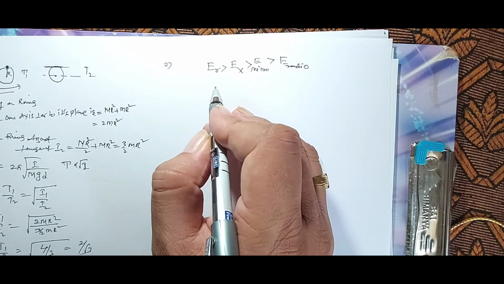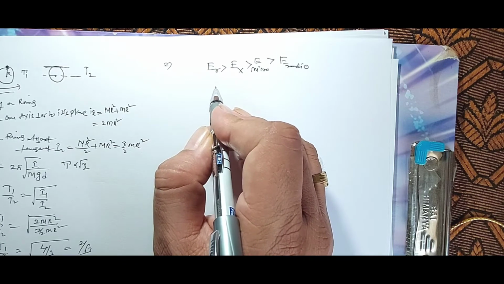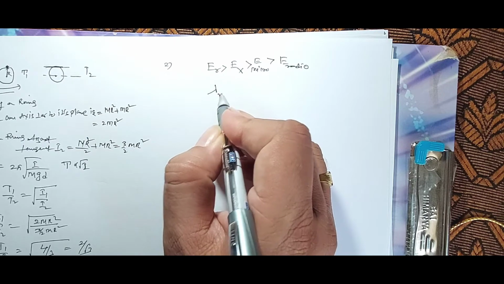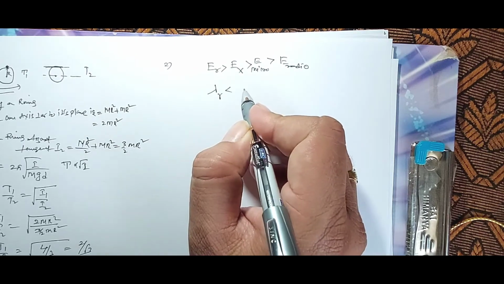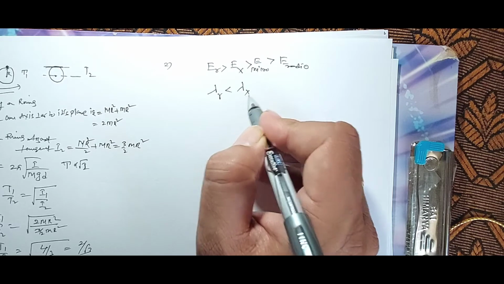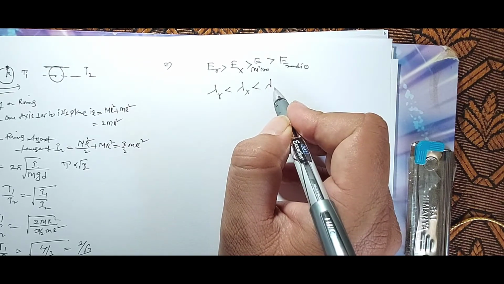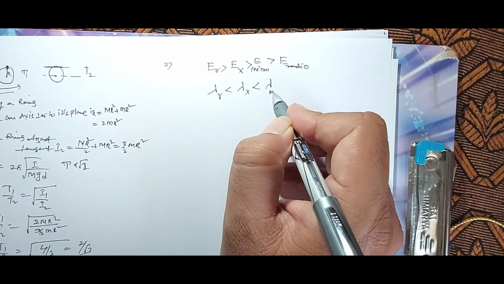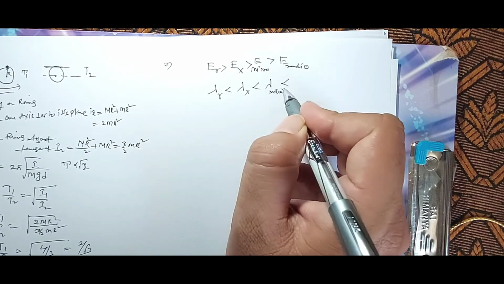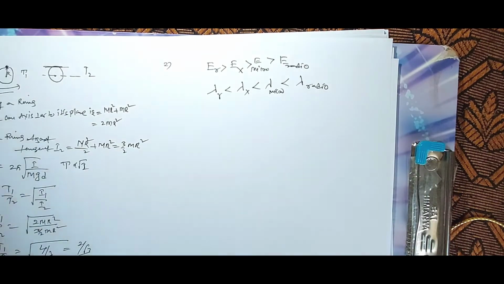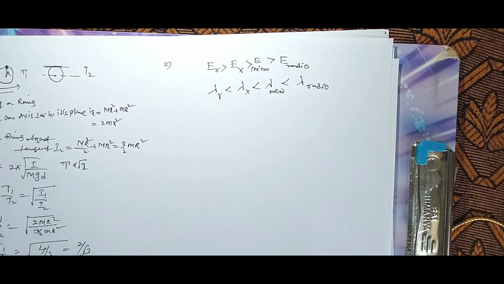So we write the wavelength order: wavelength of gamma rays is less than wavelength of X-rays, which is less than wavelength of microwaves, which is less than wavelength of radio waves. Who has more wavelength?